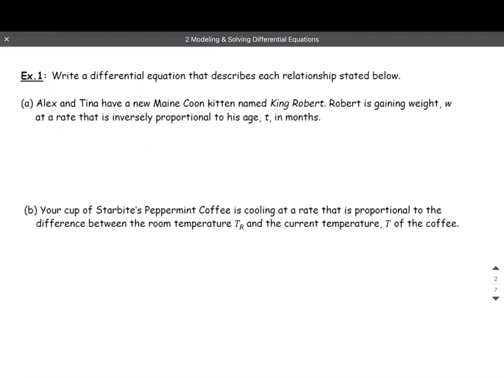So now let's try to write some ourselves. We're going to write a differential equation that describes each relationship stated below. Okay, so Alex and Tina have a new Maine Coon kitten named King Robert. Robert is gaining weight, W. Now, if it's gaining weight, we know the derivative is positive, at a rate, so we know that the rate of change of the weight, dW/dt, is inversely proportional to his age t in months, with a constant k, and that's how we would write that.